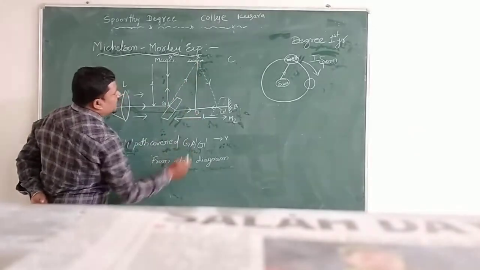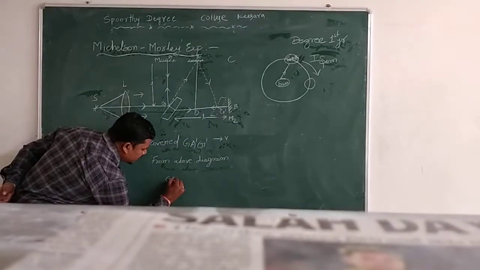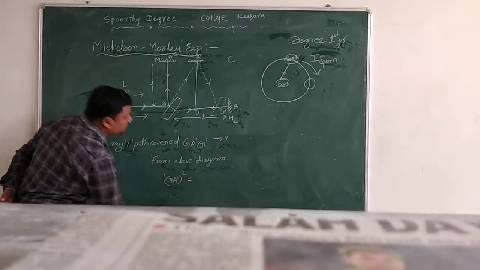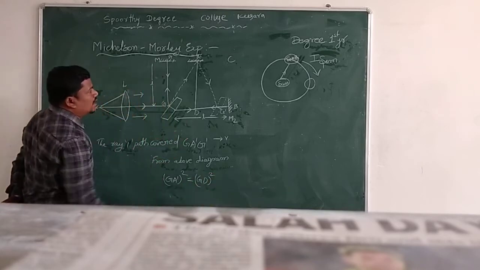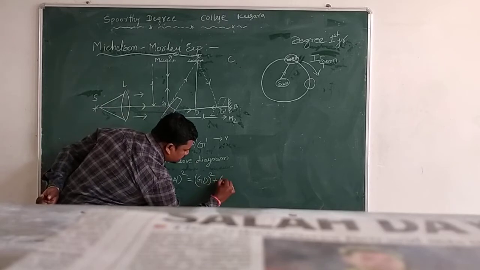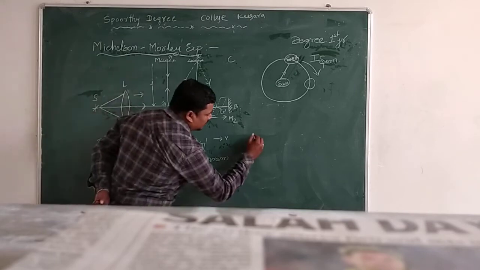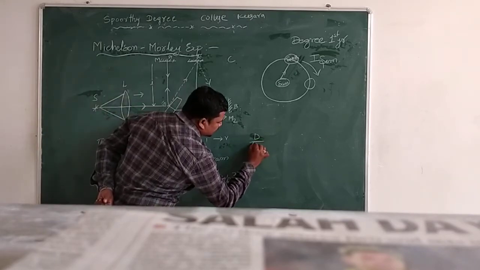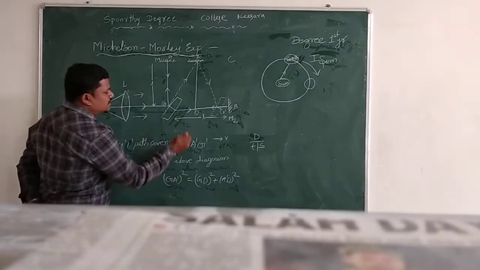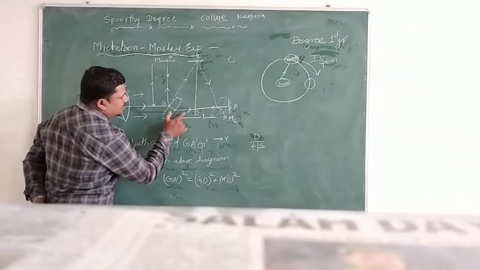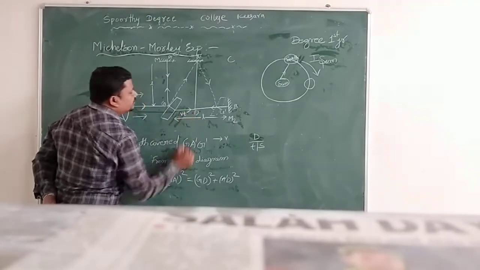G A dash G, according to the Pythagoras theorem, G A dash square equals G D square plus A dash D square. We know the formula, distance equals speed into time. Here speed is v, time is t.